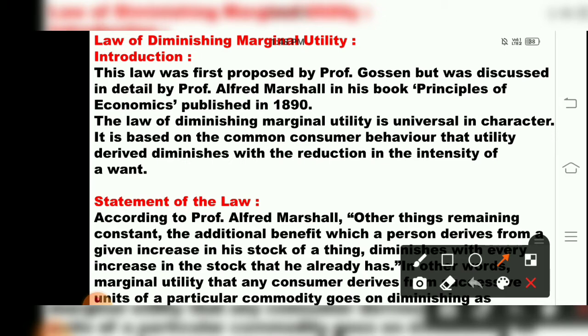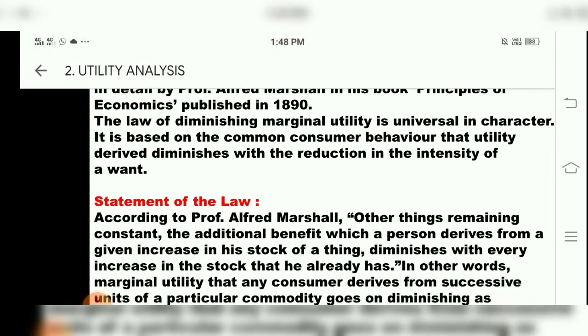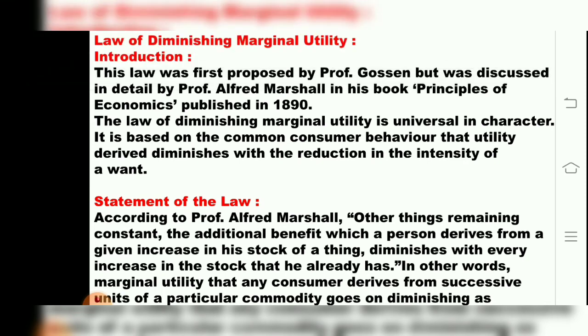Now come to the next part, that is the statement of the law. Now see, what is the statement of the law? According to Professor Alfred Marshall, other things remaining constant, the additional benefit which a person derives from a given increase in his stock of a thing diminishes with every increase in the stock that he already has.